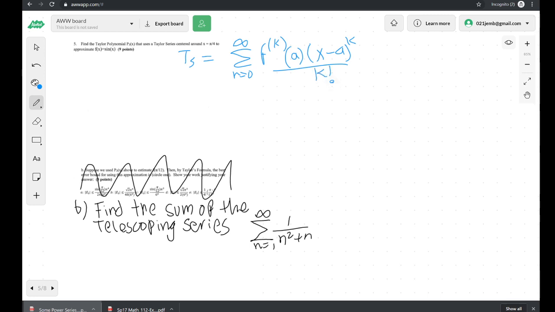That's the definition of the Taylor series around some point a, and we want to approximate the Taylor series around this point for sine of x.